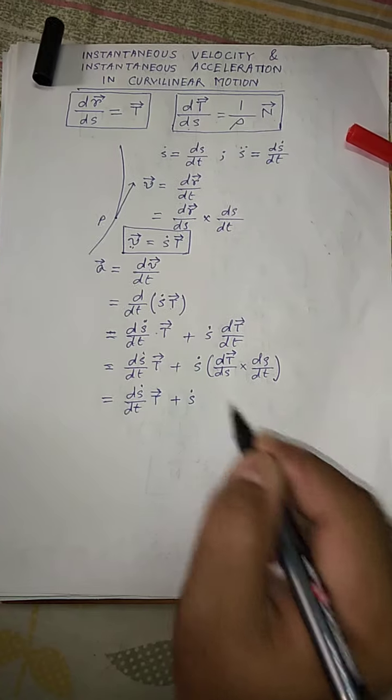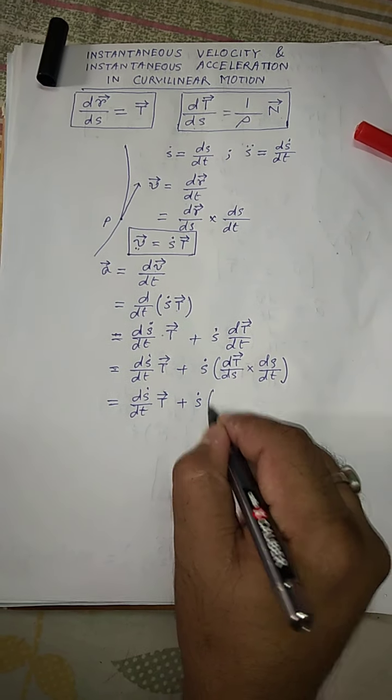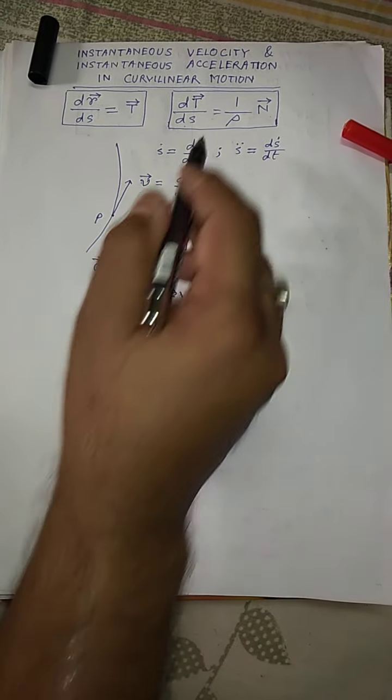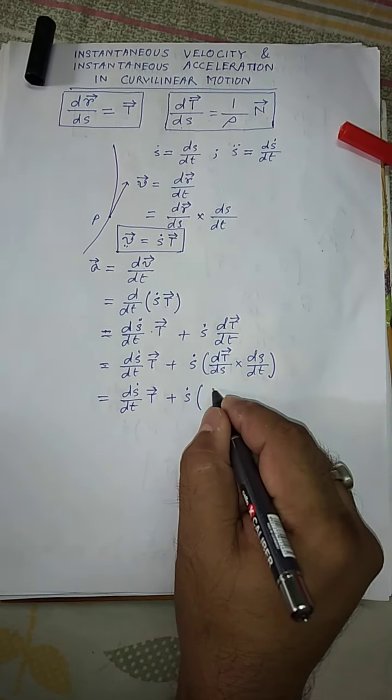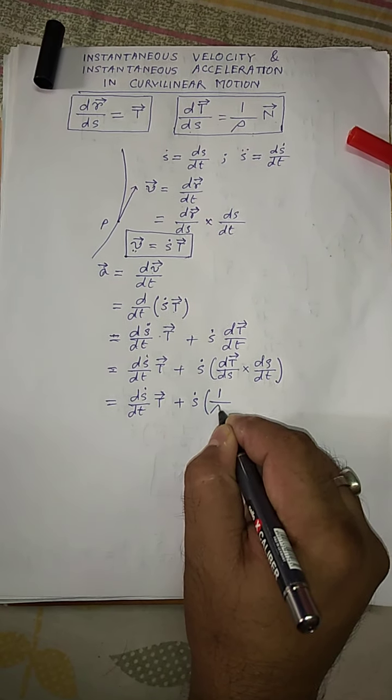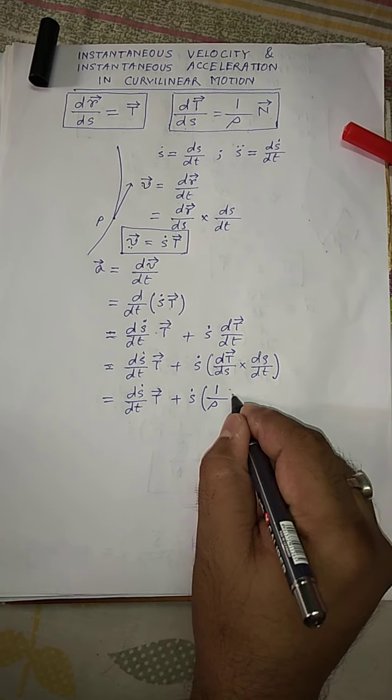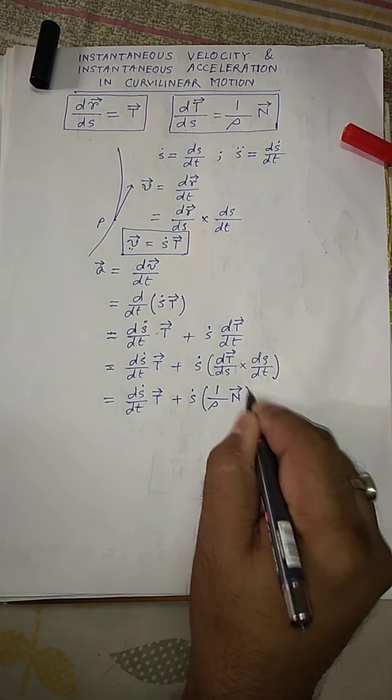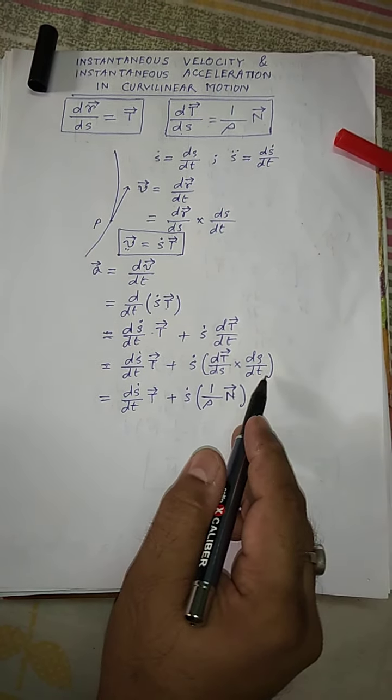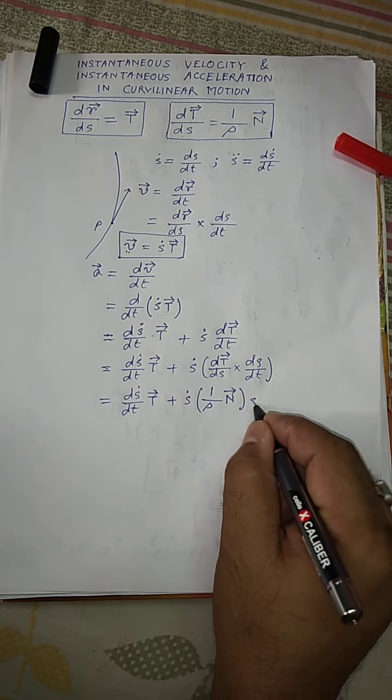s dot. In place of d vector t ds, we write the reciprocal of the radius of curvature multiplied by the unit normal, and in place of ds dt, we write s dot.